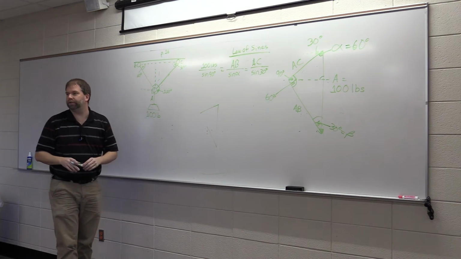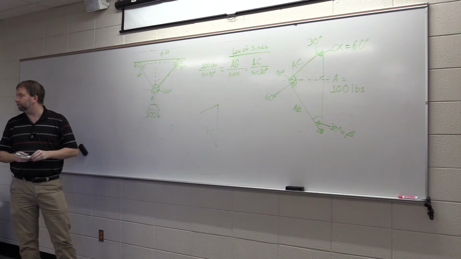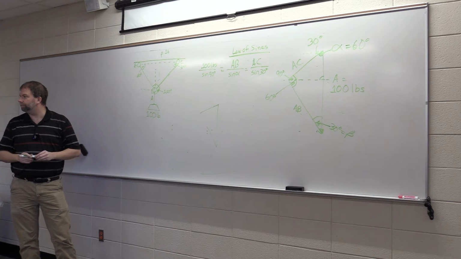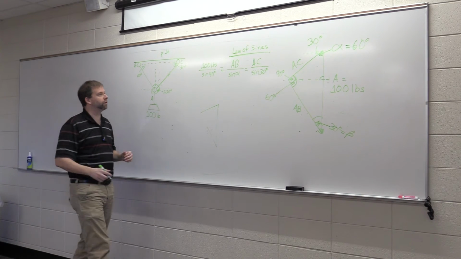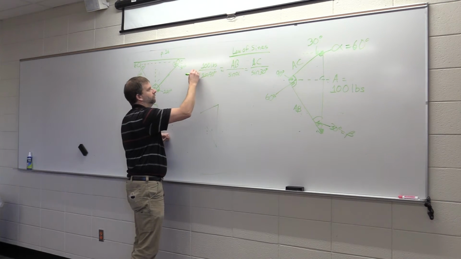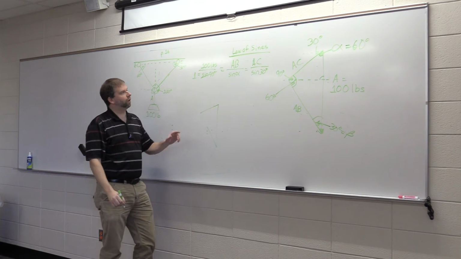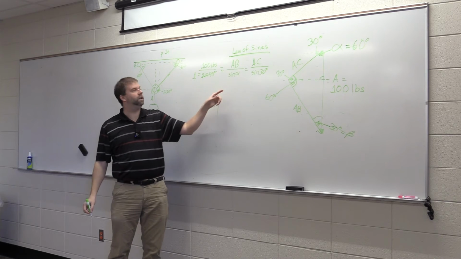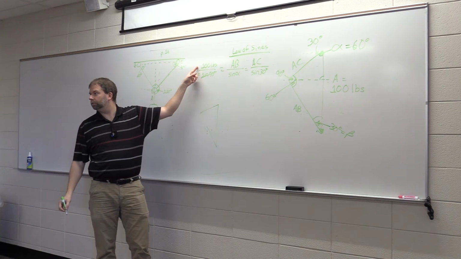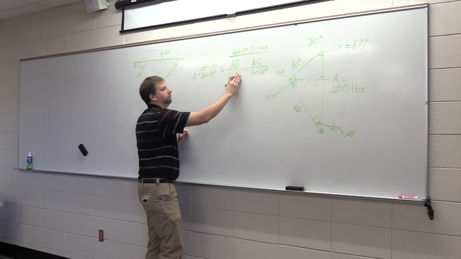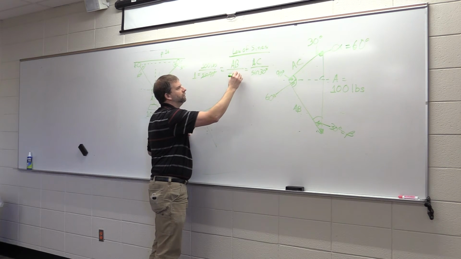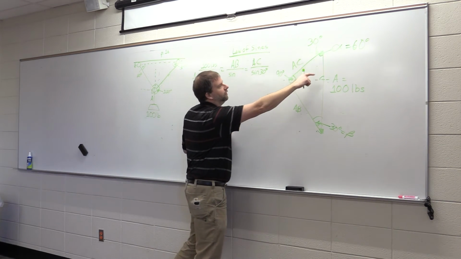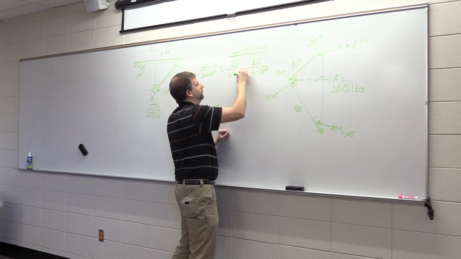Just as 100 pounds has to relate to sine of 90 degrees. What's sine of 90 degrees? It's 1, right? When you think of the unit circle. Okay, so these ratios all have to equal 100. And what's sine of alpha? What's sine of 60 degrees?